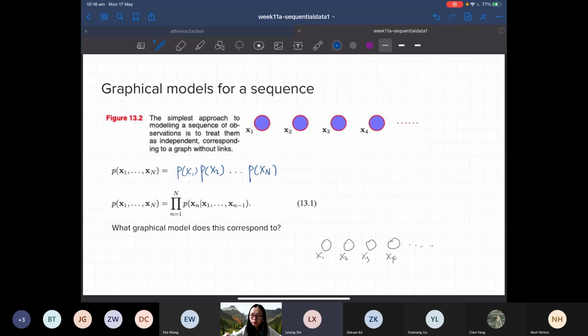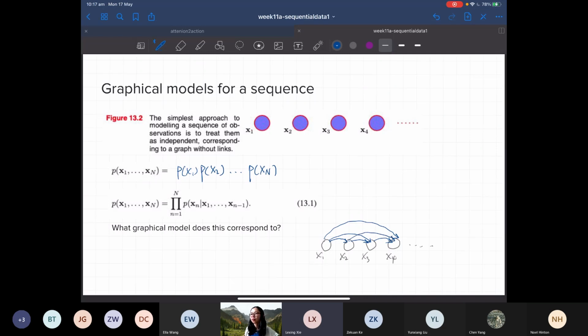The dependency will be: x1 is the first variable and doesn't depend on other stuff. x2 depends on x1, x3 depends on x1 and x2, and x4 depends on everything before. As you can see, this gets quite busy.